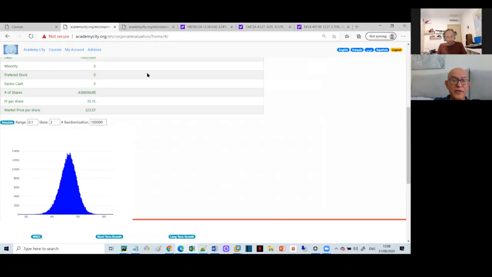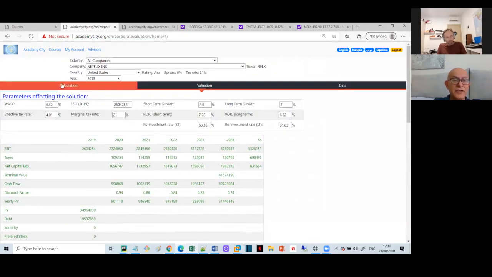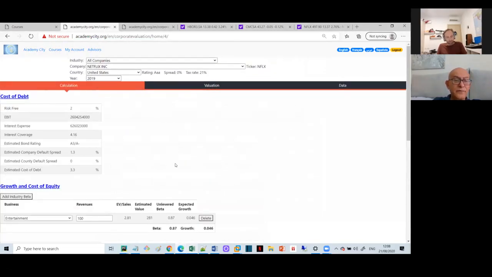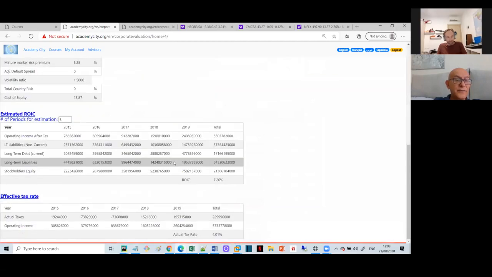If you go to my simulation, one of the calculations I do there is growth rate, or return on invested capital. For a company to have a return on invested capital of 7.26 is extremely high. None of the other two, I doubt, get to 7.3.